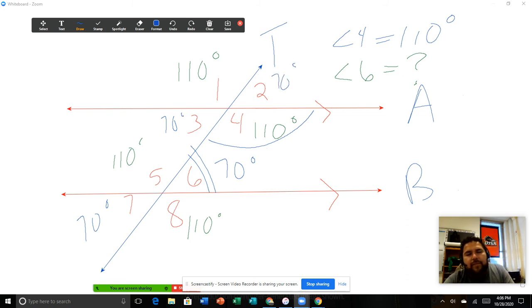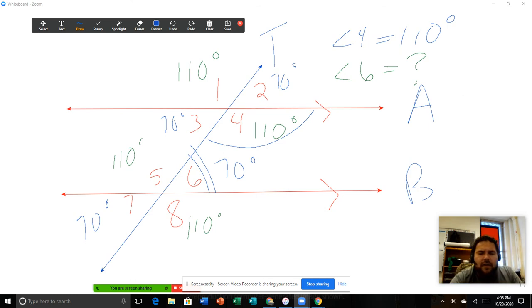Isn't that awesome? And that is the biggest key when you're talking about transversals and parallel lines. Obtuse angles are congruent to obtuse angles. Acute angles are congruent to acute angles. And if you have one obtuse and one acute, they're supplementary. They add up to 180 degrees. And that's the key part about knowing about parallel lines.